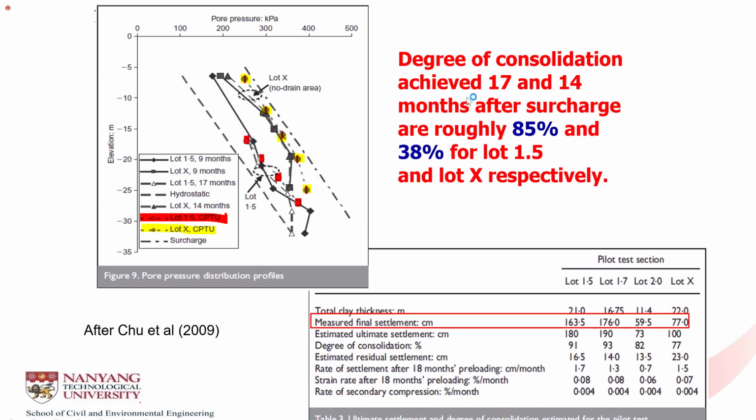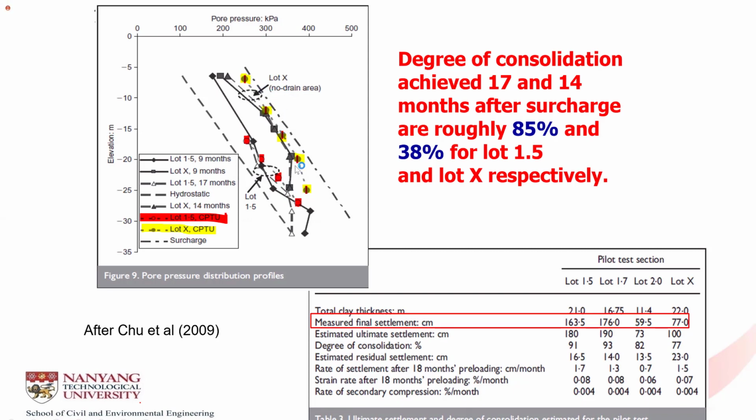But interestingly, based on the settlement monitoring data for the comparison lot where there is no PVD, we still get a degree of consolidation of 77%, which of course will not be reliable. How do we know it's not reliable? We can use the pore pressure to estimate the degree of consolidation.